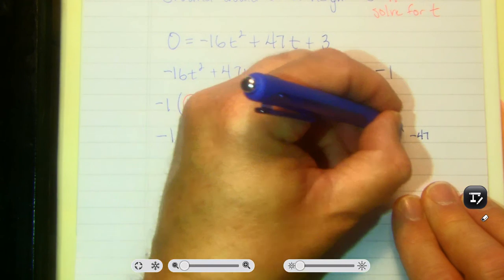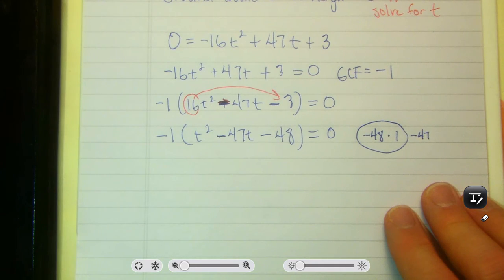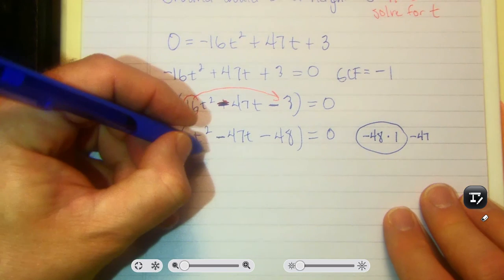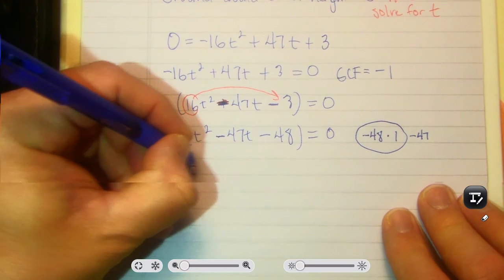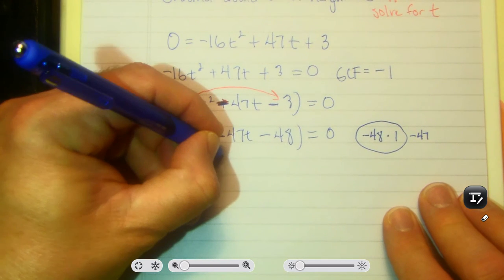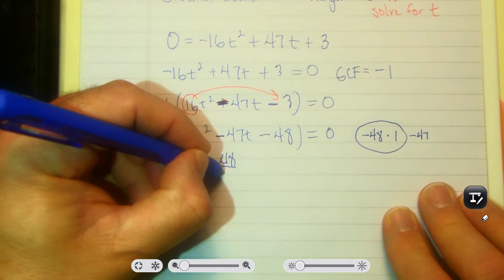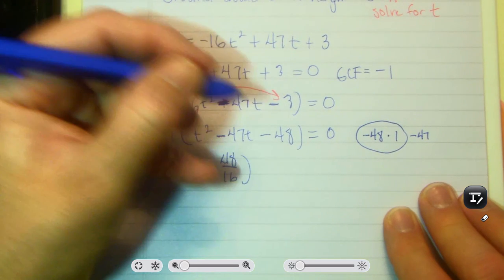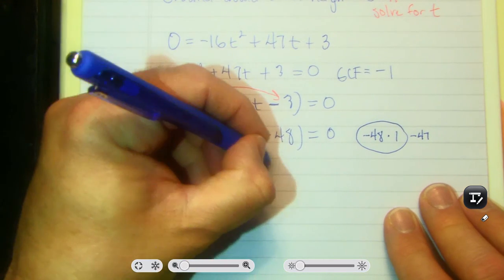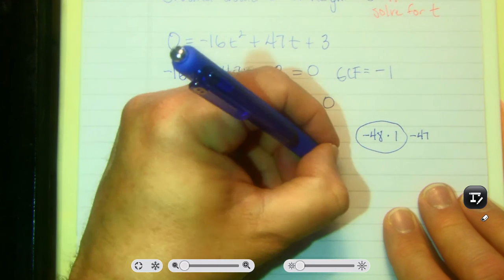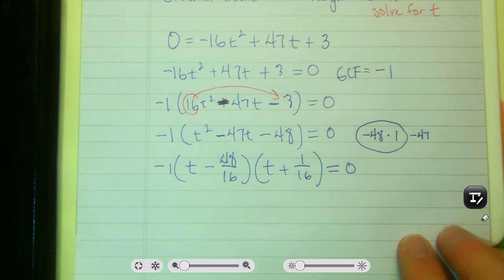So there's the set of factors I'm looking for. So I'm going to rewrite it as negative 1 times t minus 48 divided by 16. Remember, I multiplied by 16, so I've got to divide by 16. And t plus 1 divided by 16, and those equal 0.